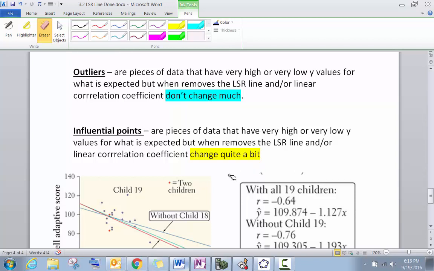Outliers and influential points. Basically, they're what you think they are. They're completely different from the rest of our data. But outliers, if you take them out, it doesn't change the least squares regression line or the linear correlation coefficient that much. Influential points do.